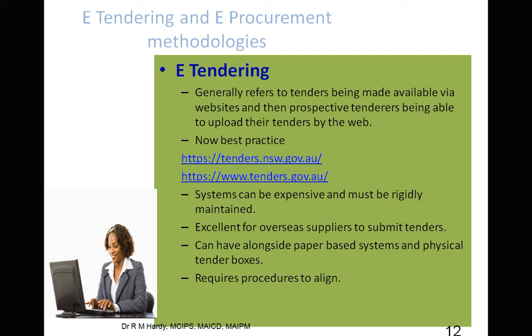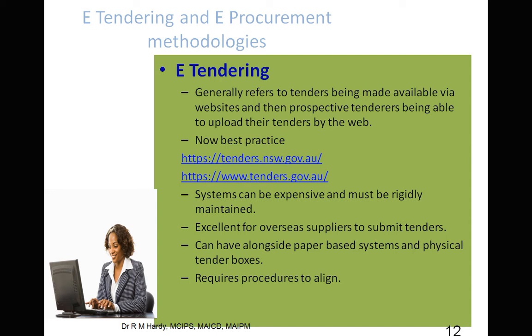So nowadays, all e-tendering means is that it can be submitted online. But what it also means is that you need to have the right kind of IT infrastructure for these kinds of things to be submitted.